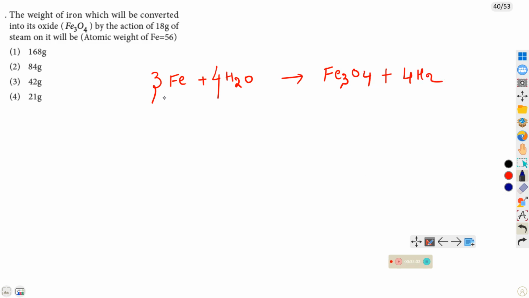According to this equation, 3 into 56 grams of iron requires 4 into 18 grams of H2O.